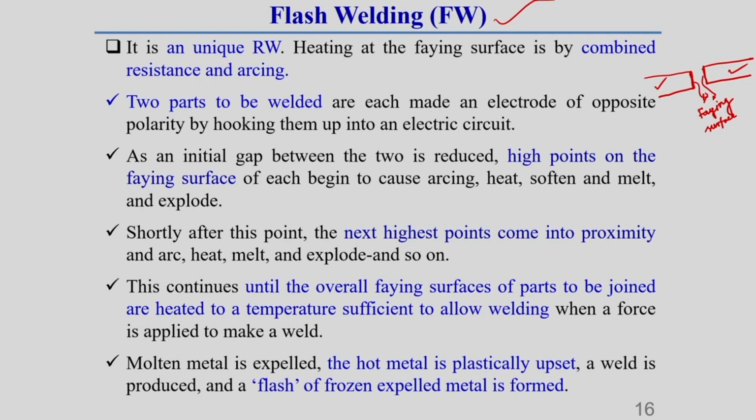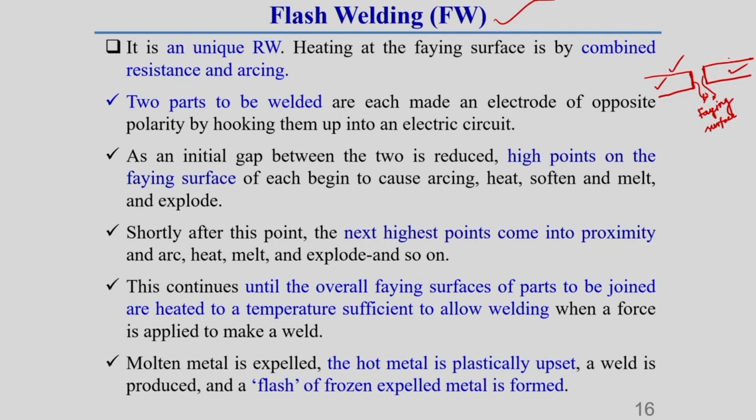Now, in this type of flash welding process, both resistance heating as well as arc are used. Okay, keep this in mind. I will explain in detail how it works. The two parts to be welded are each made an electrode of opposite polarity by hooking them up into an electric circuit.